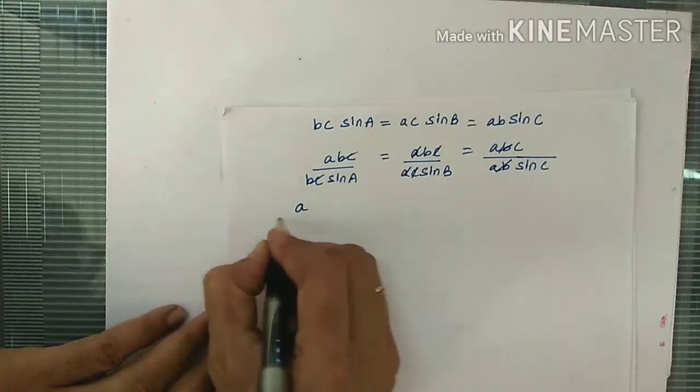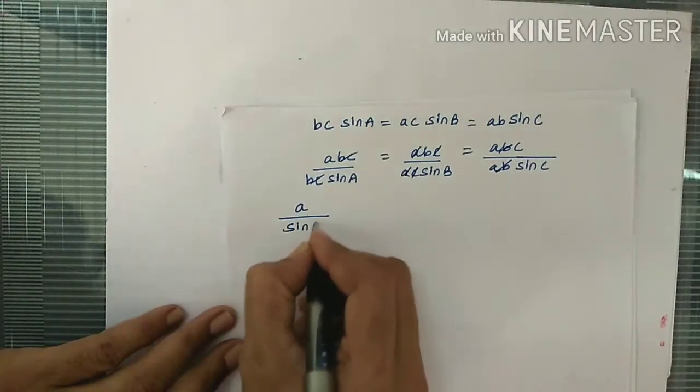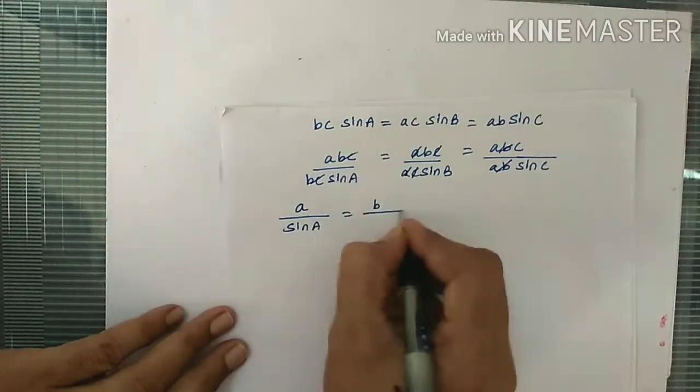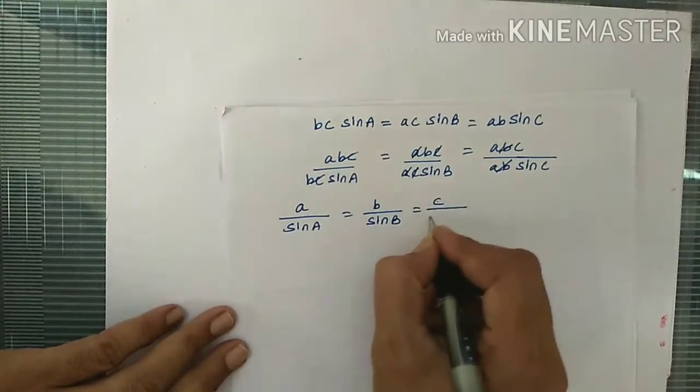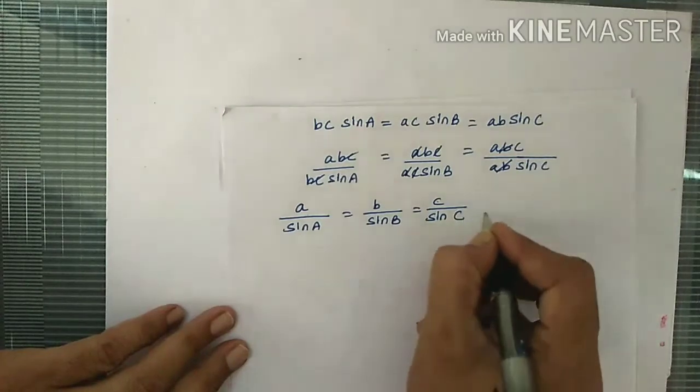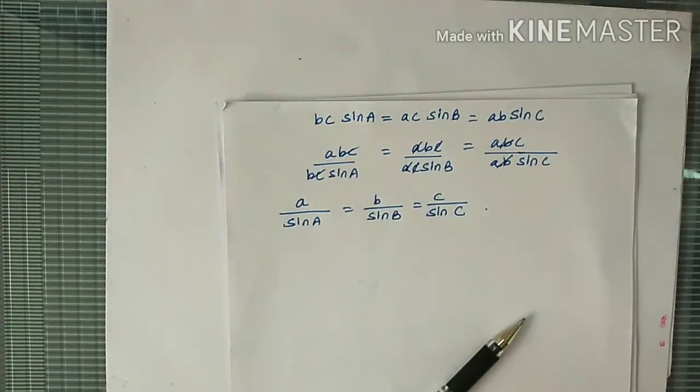So the remaining part is a by sine A equal to b by sine B equal to c by sine C. Okay, so this is our sine rule.